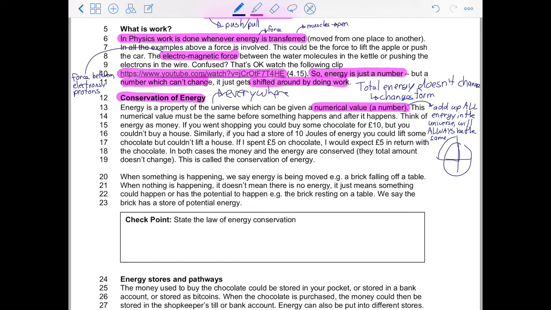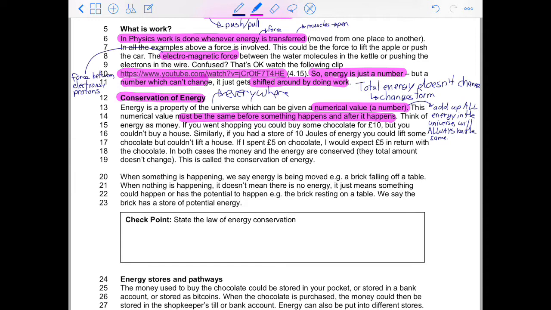It will always be the same within that piece, unless some escapes the system, but then it's not a complete system anymore. So that amount of energy in that defined area will never change. All right, so that's what we mean by this numerical value must be the same before something happens and after it happens. So I just compared energy to a pie.